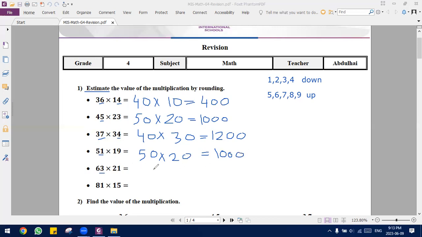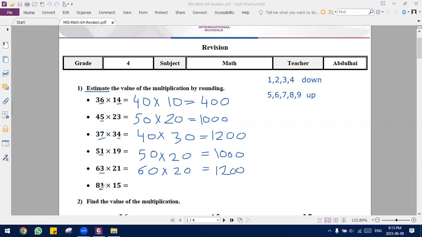Next one, 63. This will be 60. 21 will be 20. So 6 by 2 is 12. And then I add these two zeros, 1200.